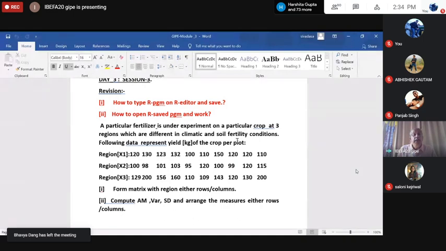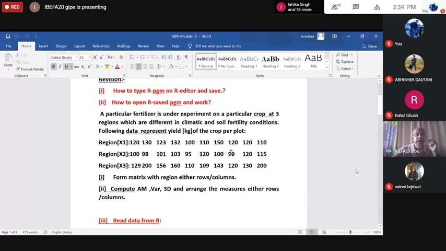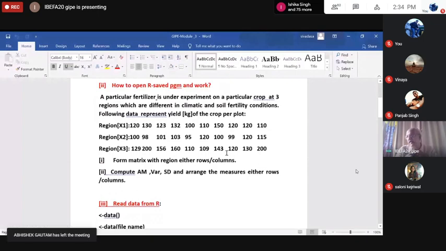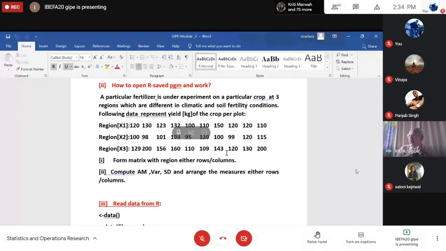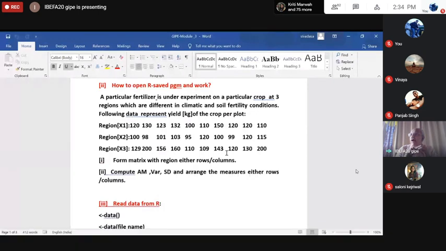I also explained how to open our program and work. I have done computation of mean and variance in a matrix form. And one more example I'm giving today, and you have to complete it and come for Thursday class.